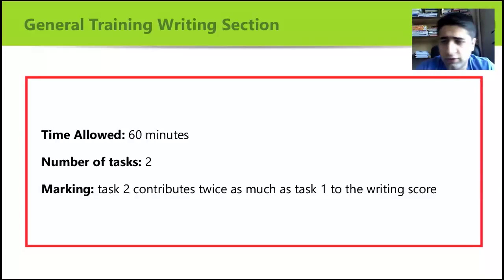The letter may be personal, semi-formal, or formal in style. For task number 2, you will be asked to write an essay in response to a point of view, argument, or problem. The essay can be slightly more personal in style than the academic writing task number 2.